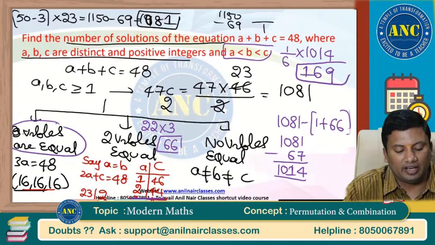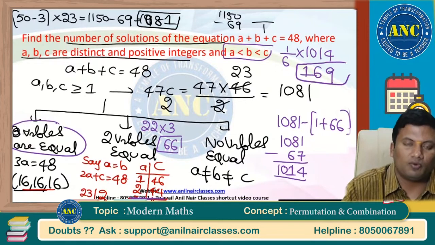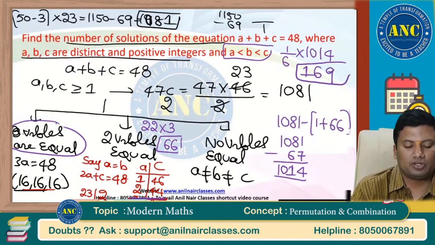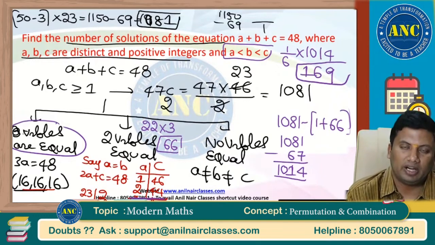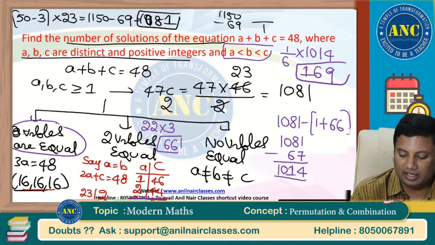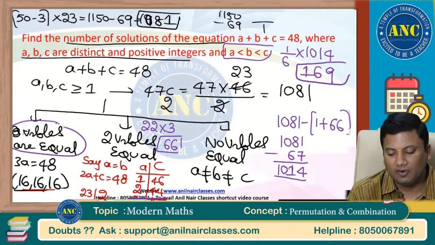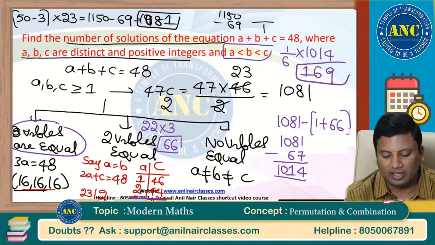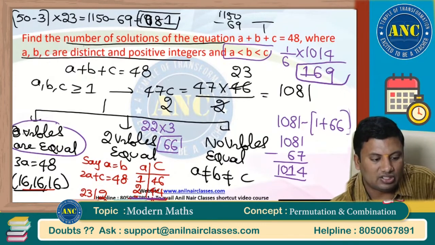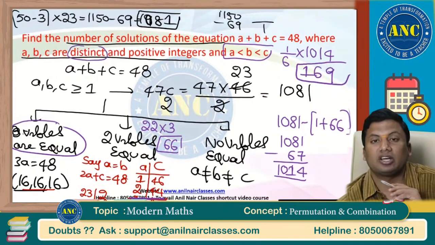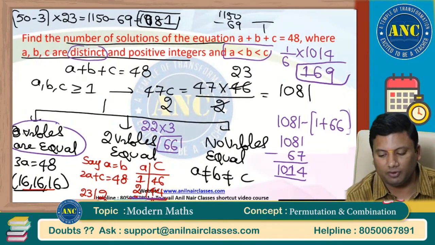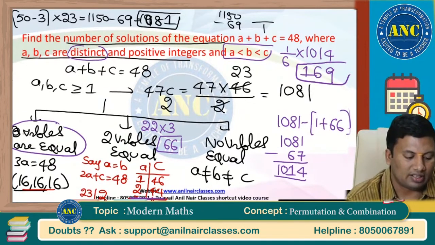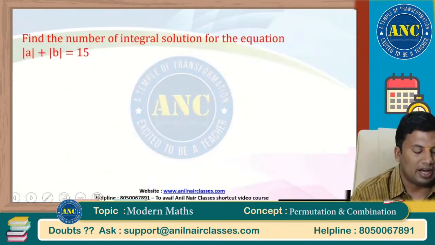Out of the 23 cases, one case is not possible, so 22 into 3 is 66: a equivalent to b, b equivalent to c, and a equivalent to c. 1081 minus 67 gives 1014 distinct cases. In those, 3 numbers can be arranged amongst themselves in 3 factorial ways, so 1 by 6 into 1014. The answer is 169. I hope the idea is clear.